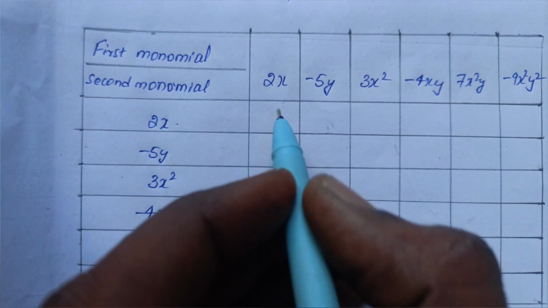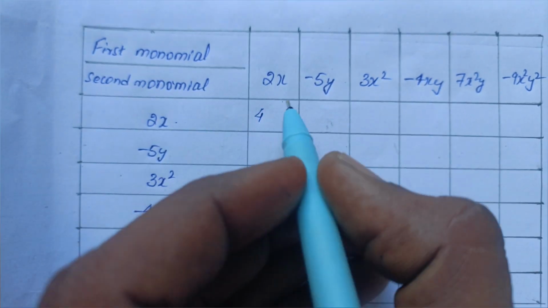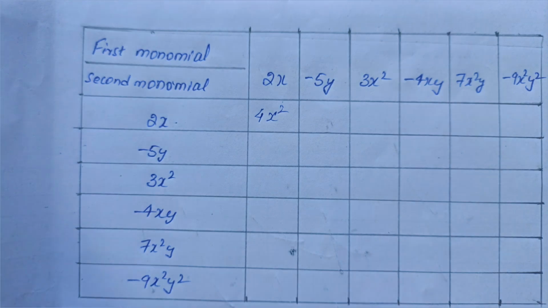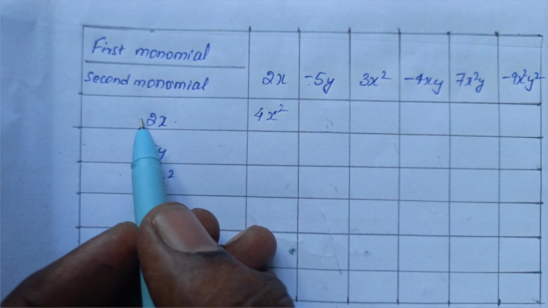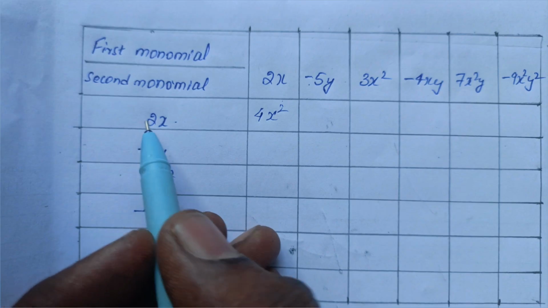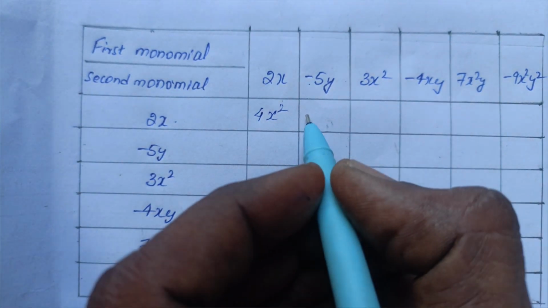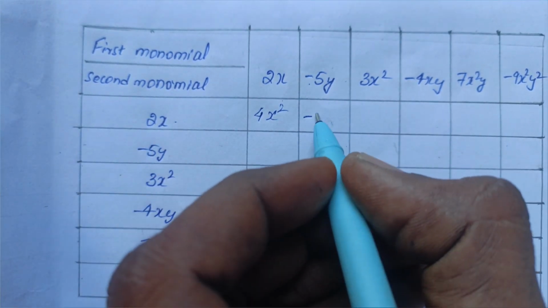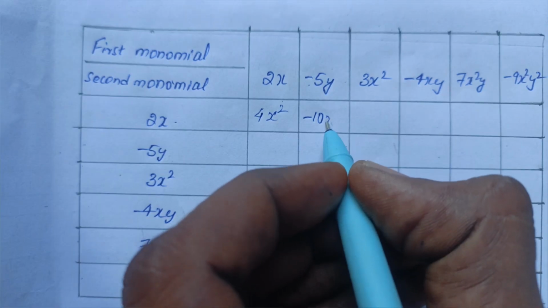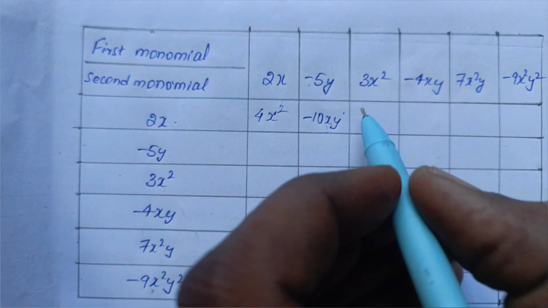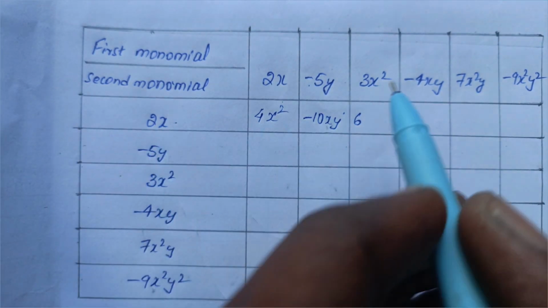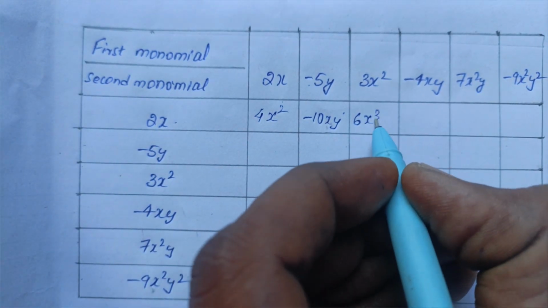So here 2 twos are 4, x into x is x square. Minus into plus, this is plus. If there is no sign, we consider it as a plus. So minus into plus is minus, 5 twos are 10, x as it is, y as it is. Now 2 threes are 6, x into x square is x cube.